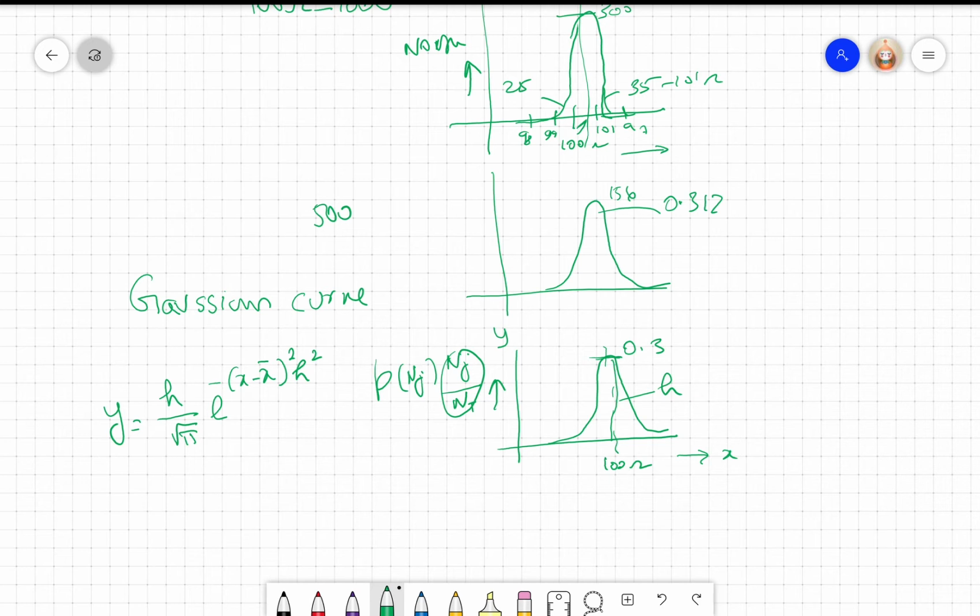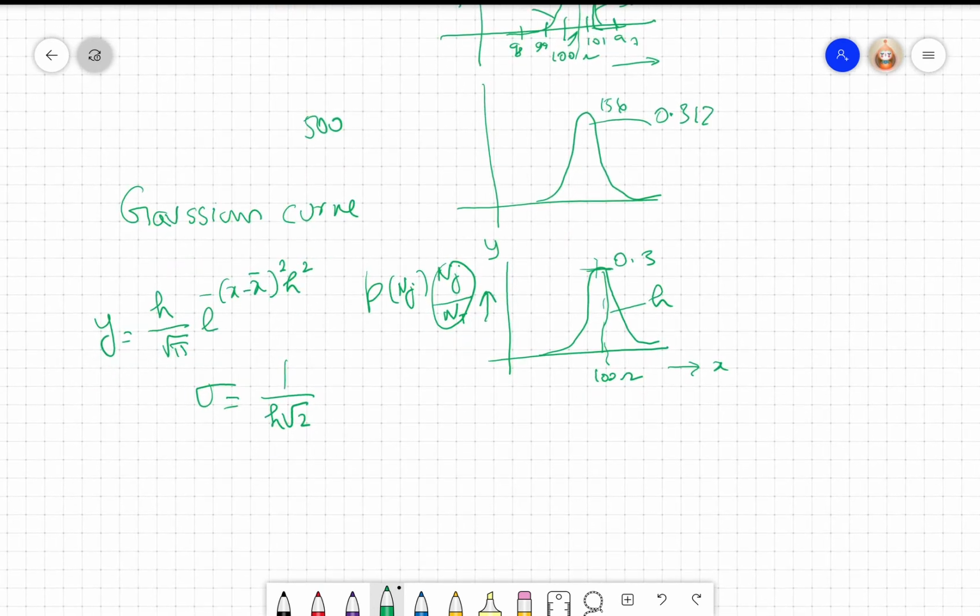So if I take the average value to be x bar and the standard deviation as sigma, then from this equation I can calculate sigma is equal to 1 by h root 2, and x bar, of course, we can calculate.